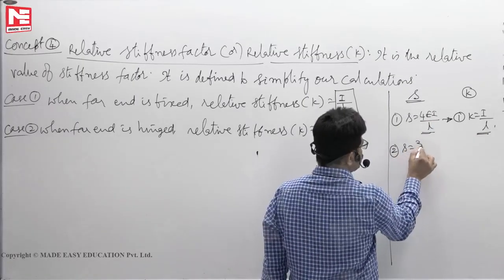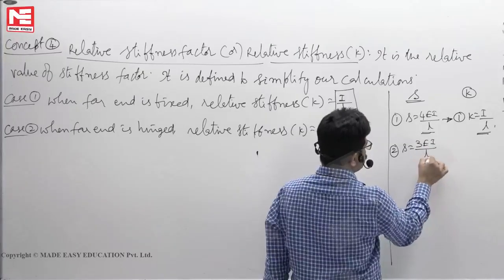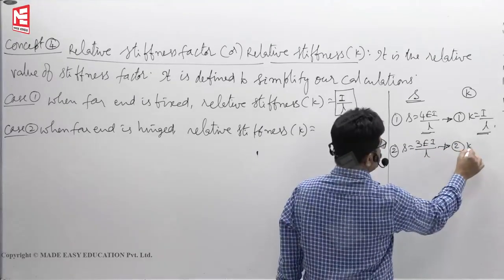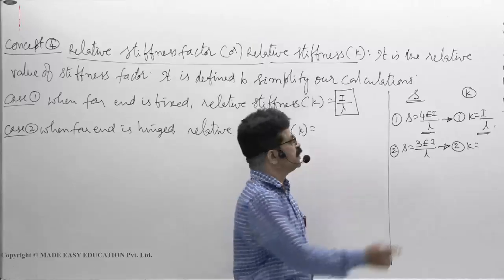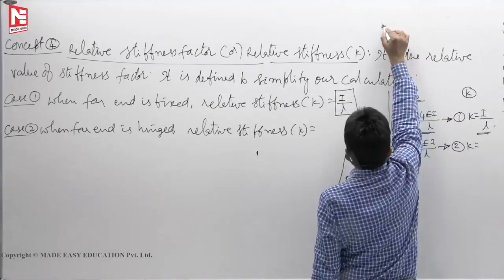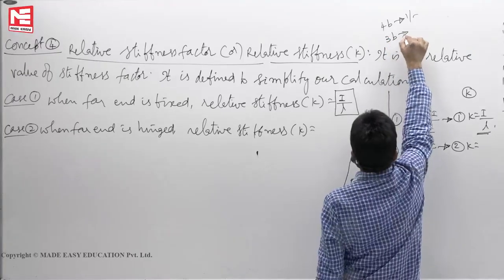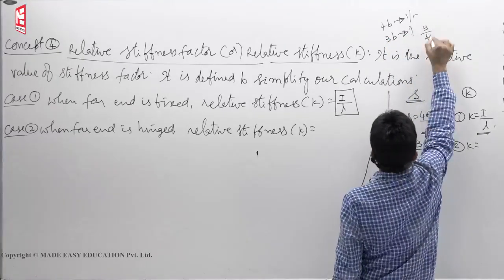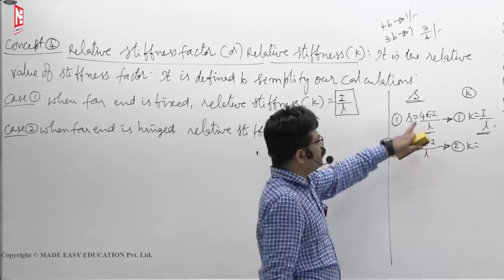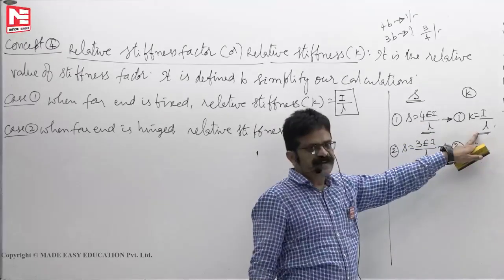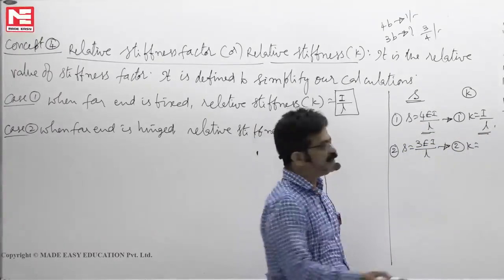Now 3 biscuits, how much? If S is equal to 3EI by L, how much K do I have to write? This is similar to this. 4 biscuits are 1 rupee. 3 biscuits, how much? 3 by 4 rupees. If 4EI by L you write as I by L, then 3EI by L, how much do you have to write?